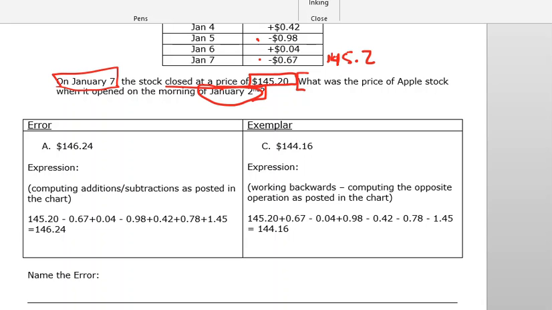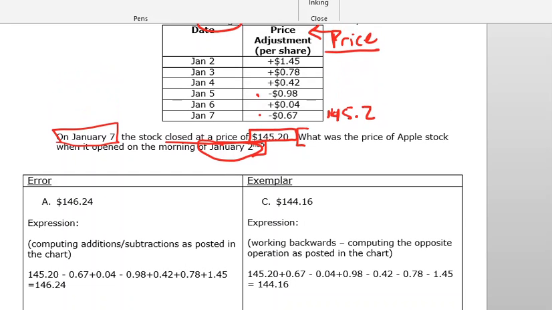They said minus 67, plus 4, minus 98, plus 42, plus 78, plus 145. And that's weird to me. What happened here?